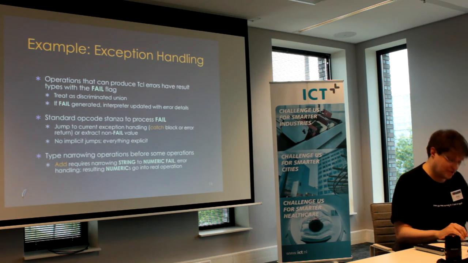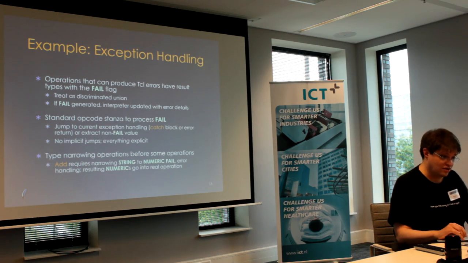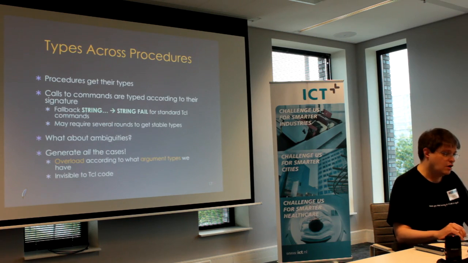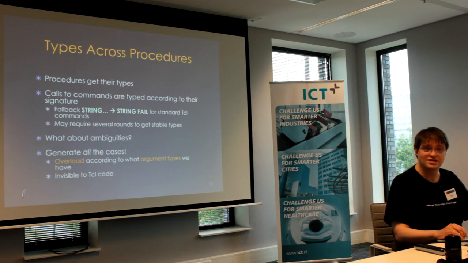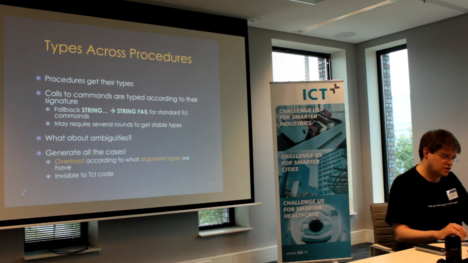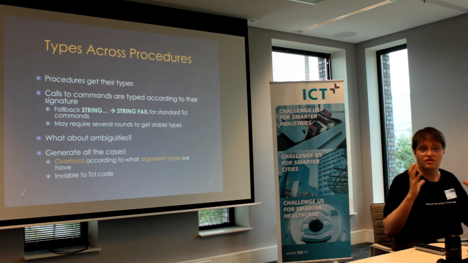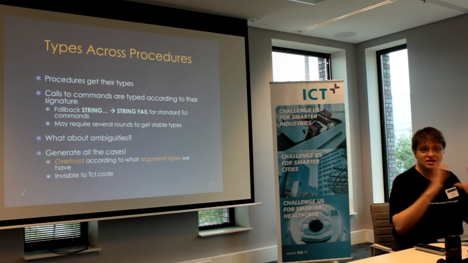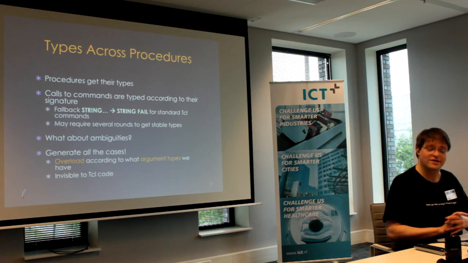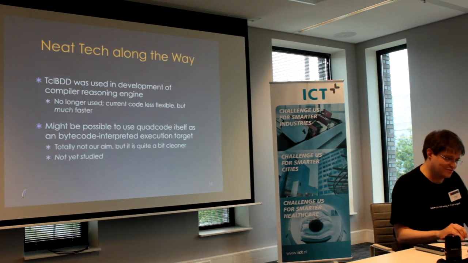There are a lot of techniques like that which allow us to generate much more efficient code. We can even do type analysis across procedures now. This is new since the TclQuadcode conference last autumn. We can take a whole package of procedures and compile a whole lot in one go, and then it will generate optimal code from that.